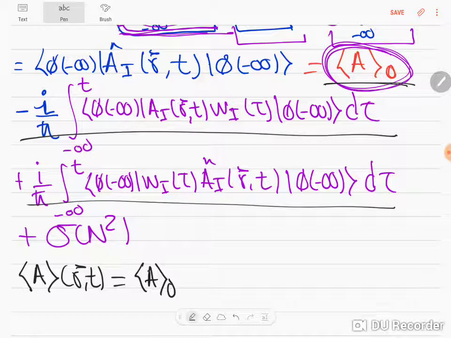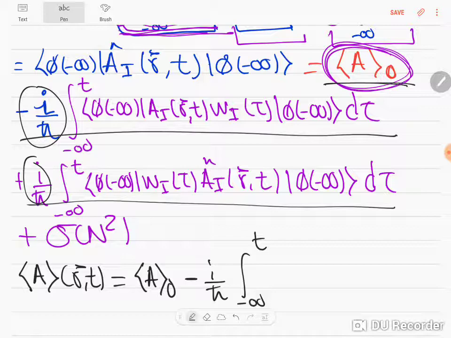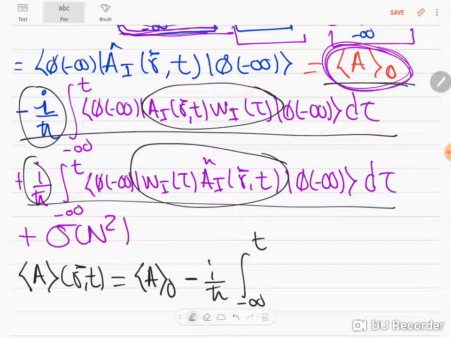Now I can factorize these two expressions. First I write minus i over ħ, the integral from minus infinity to t, and I write this minus this, and you can note that this minus this is just the commutator between A_I and W_I. So I write the following: φ(−∞).